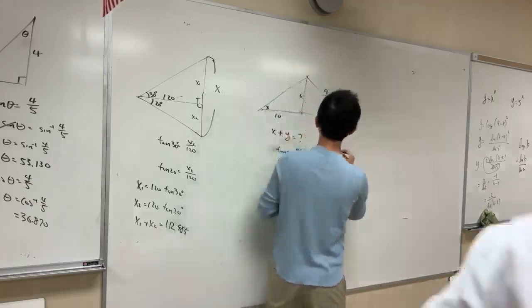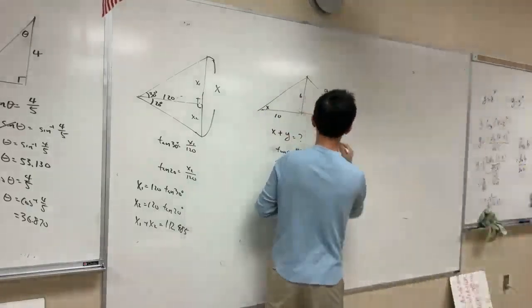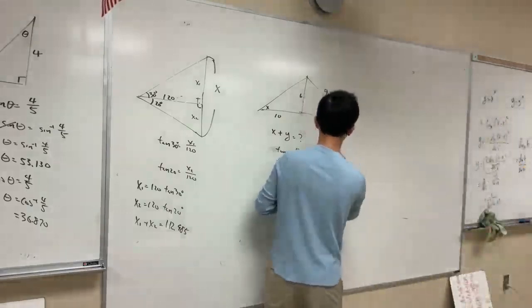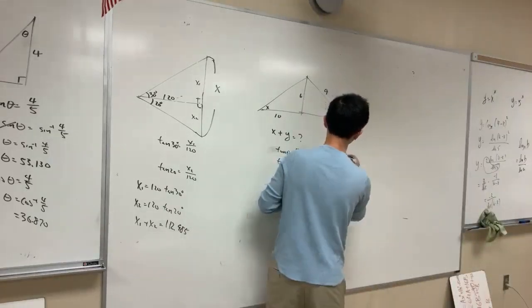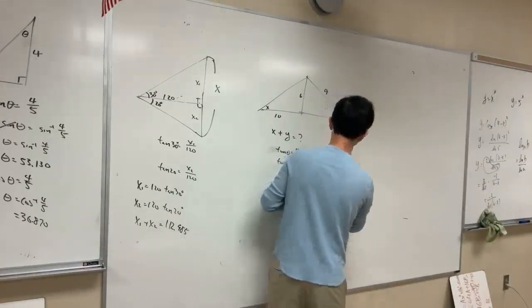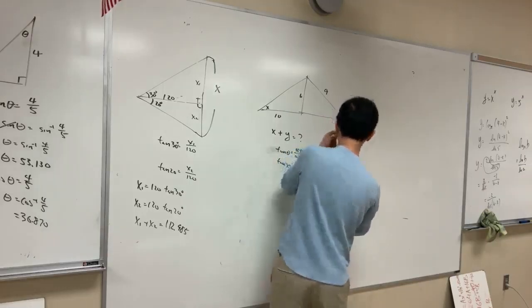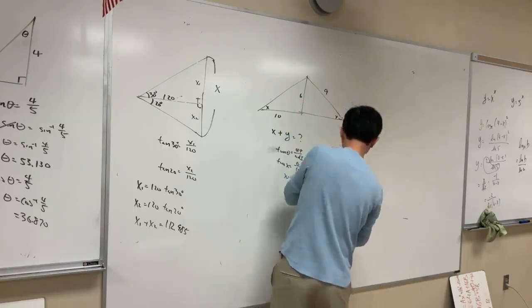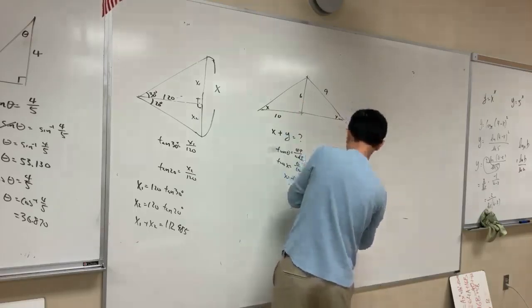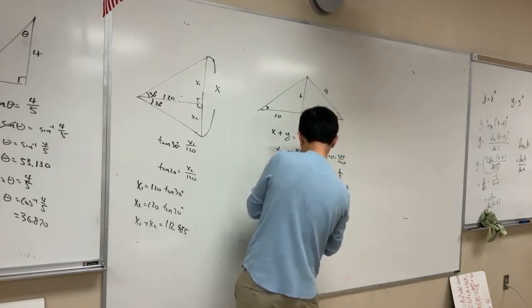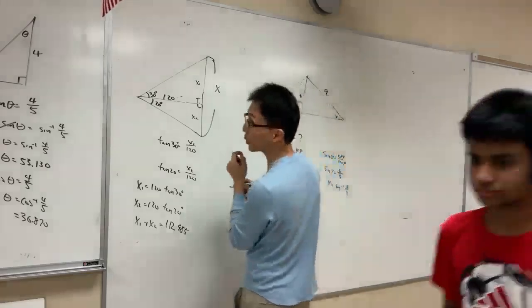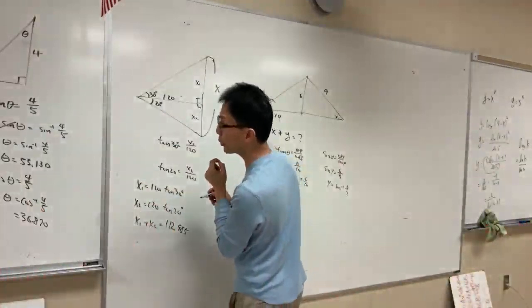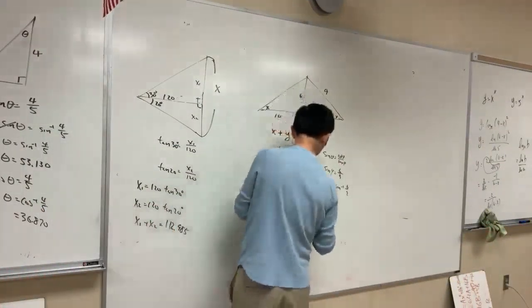Now y, so this one's 9 and 6, so that's opposite. So the sine of theta is equal to opposite over hypotenuse. So sine of y is equal to 6 over 9. So y is equal to sine inverse of 6 over 9. If you add x plus y in this case, it's going to be 72.774.